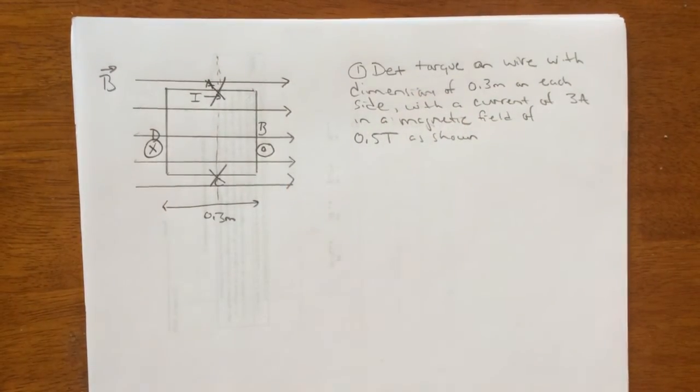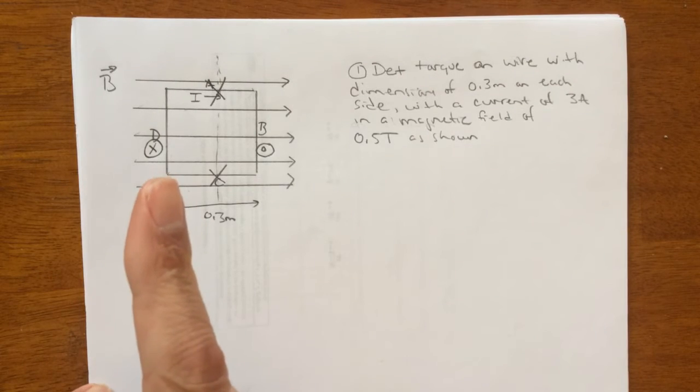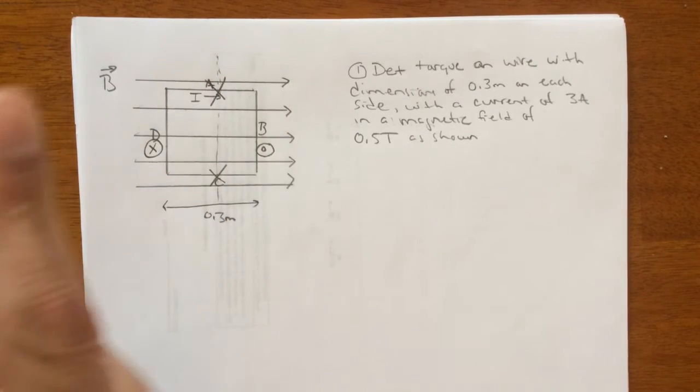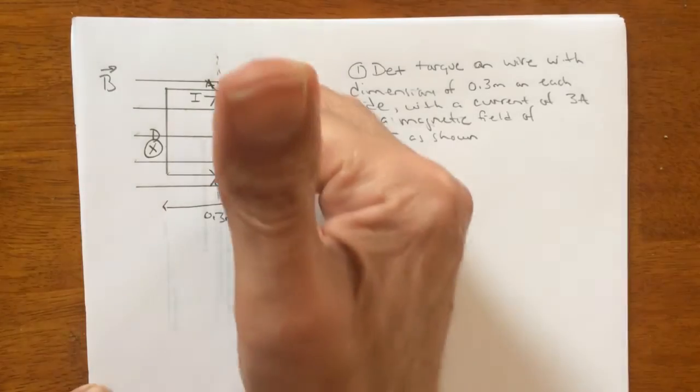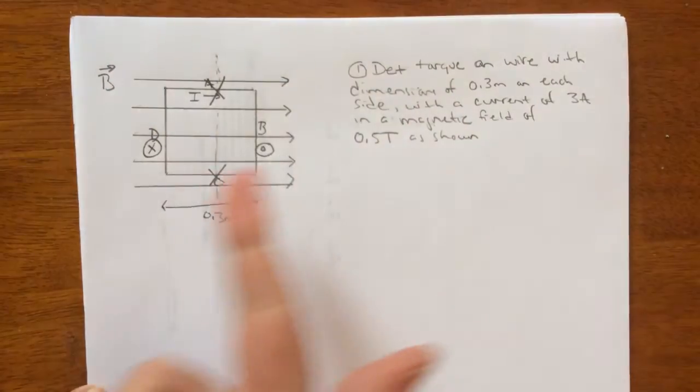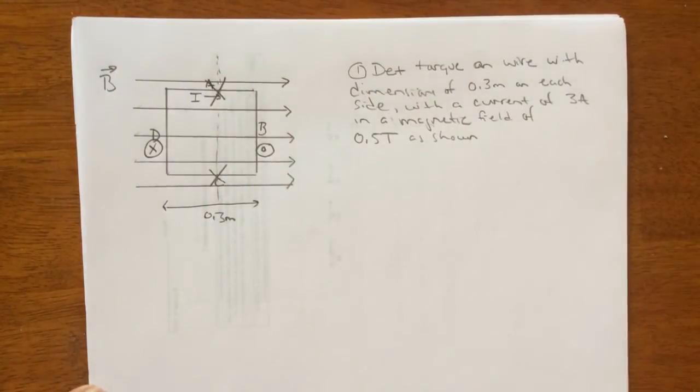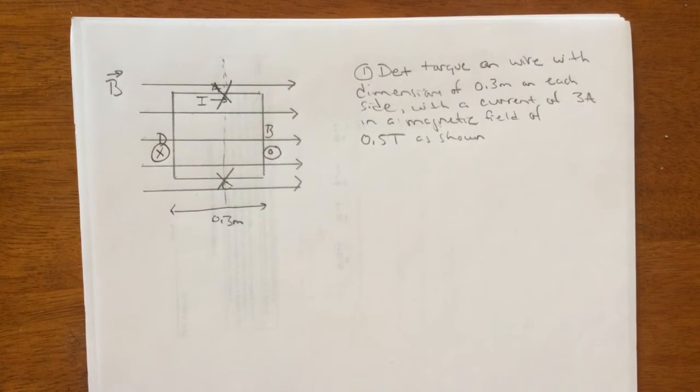And so if we had an axis here and it could spin, the wire would spin like this. It's going to feel a force up and a force down. When we get into motors, we're going to talk about why that is. So that kind of sets us up.